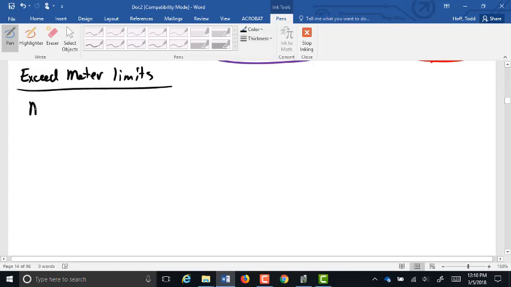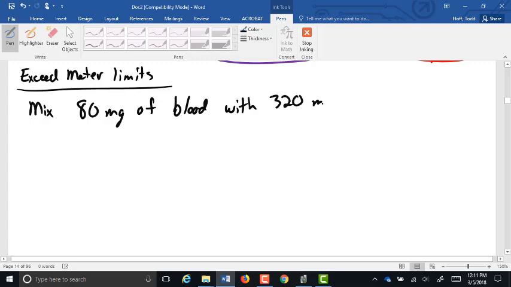We're going to mix 80 milligrams of blood with 320 milligrams of saline.